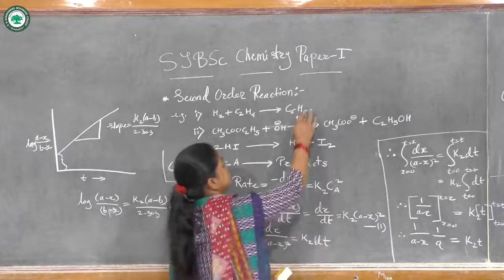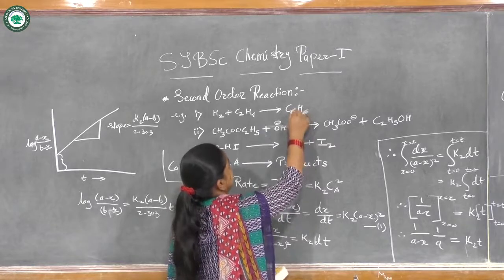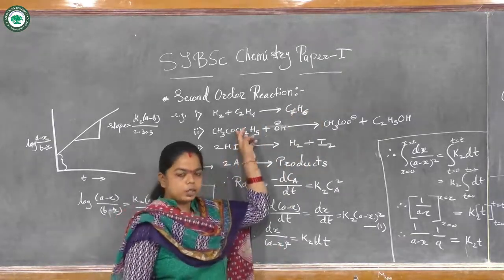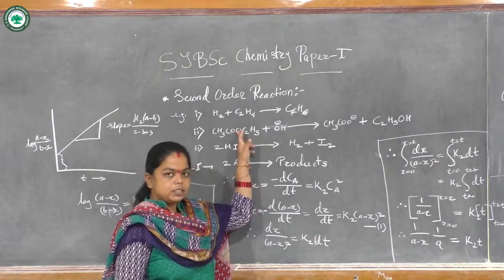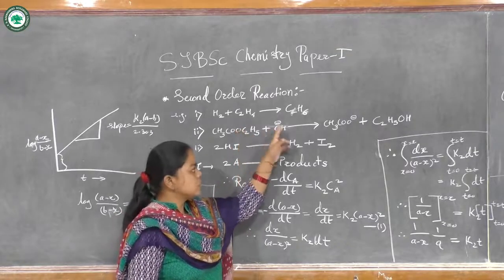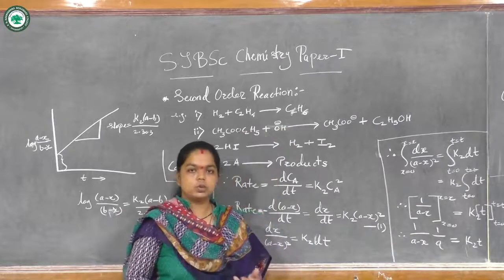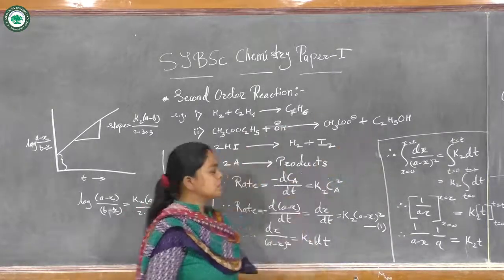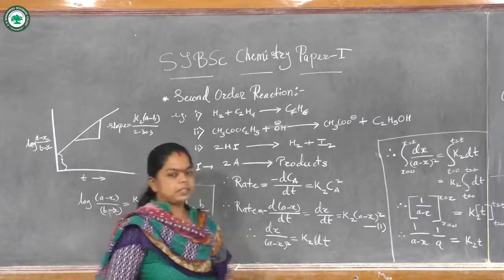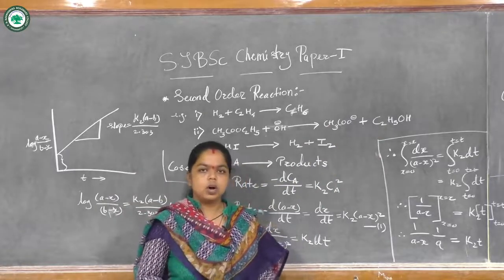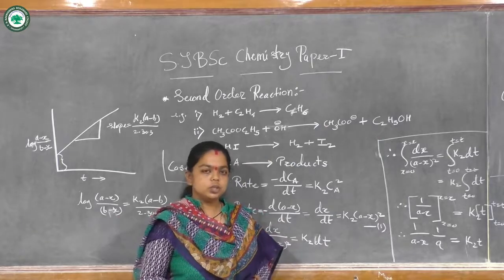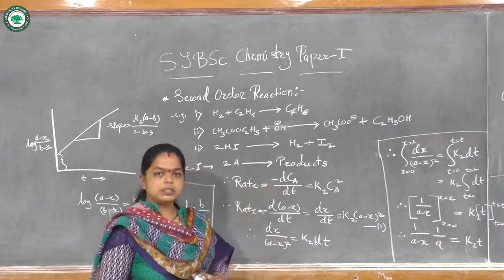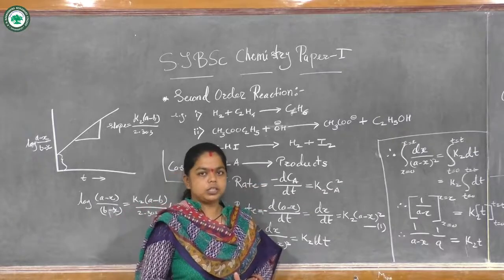The second example is the alkali hydrolysis of ethyl acetate, the basic hydrolysis, that gives the hydrolyzed products, methyl acetate and ethanol. The third example is the thermal dissociation of hydrogen iodide to give hydrogen and iodine.